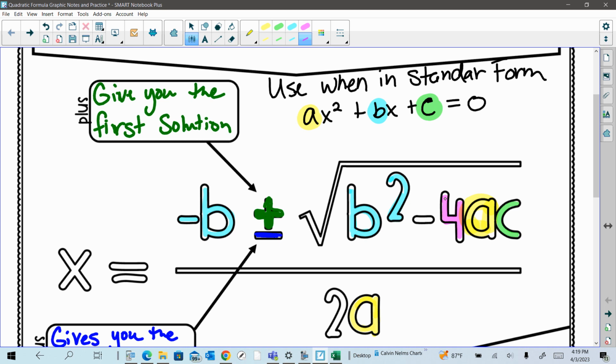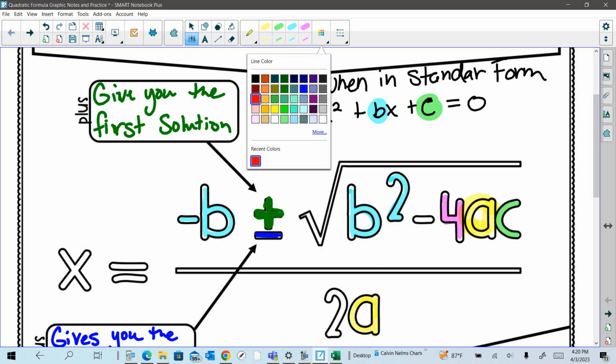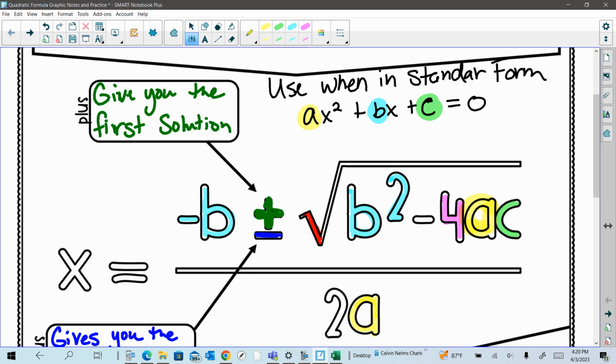And the part that might be new for us is this square root symbol. We have to make sure we're using the radical sign when we're using the quadratic formula. And we also need to make sure that we keep it like a fraction. This is a fraction showing division here, divided by 2a. So 2 times a here.